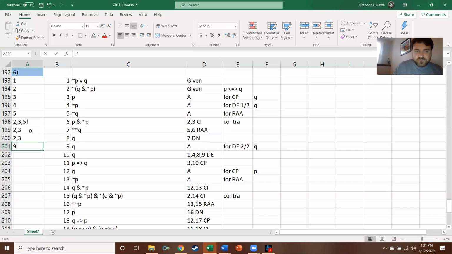Line 9 is an assumption, so it's going to be dependent on itself. Line 10, this is going to be a fun one. Okay, so we got 1 from line 1. On line 4, we can put that in there.